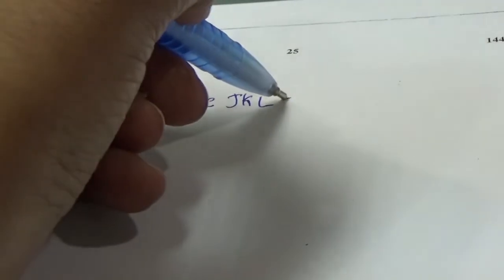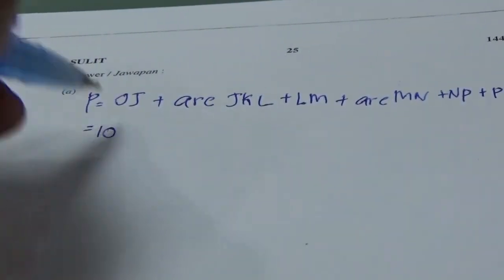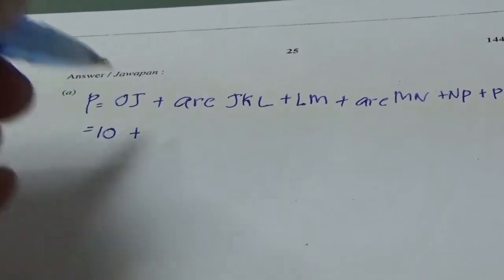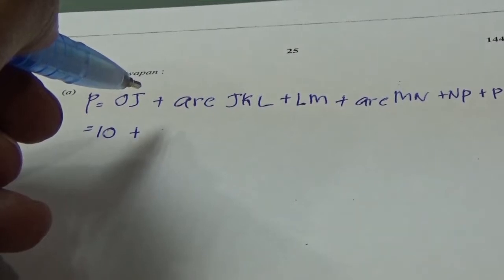For question A, perimeter would be OJ plus arc JKL plus LM plus arc MN followed by NP plus PO.